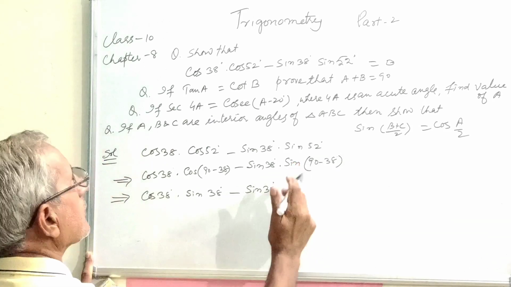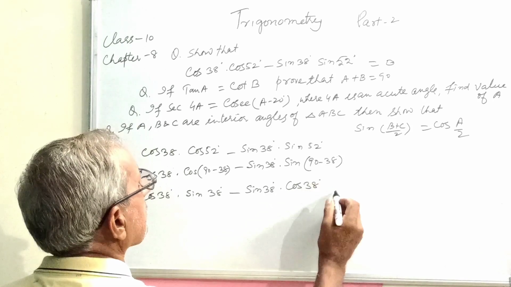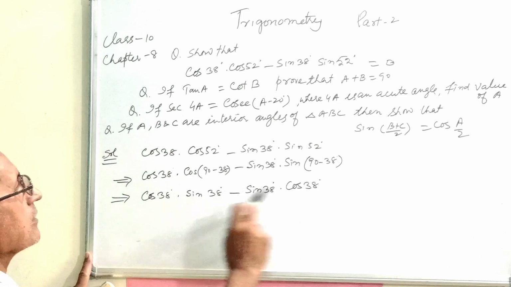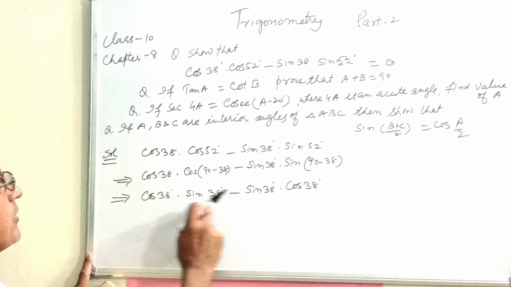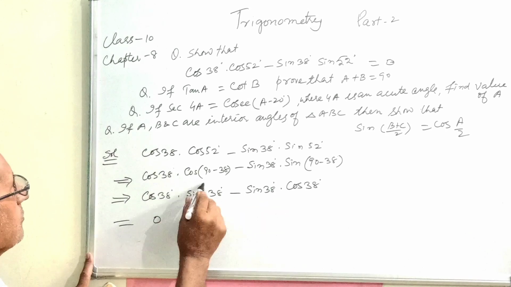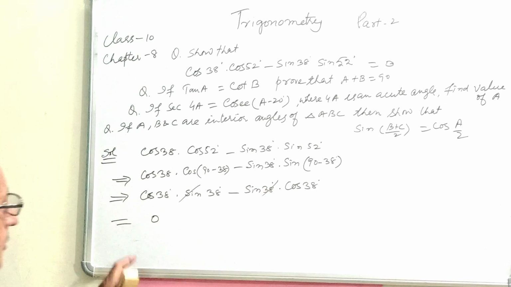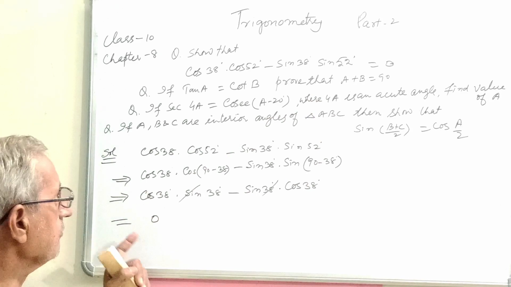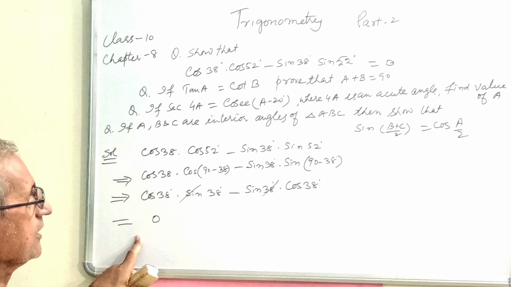So this will be cos 38 degree. So cos 38 into sin 38, cos 38, sin 38. So the same values are subtracted, so that will be 0. So answer, proved, the given answer is 0. So we have solved the question. The answer will be 0.